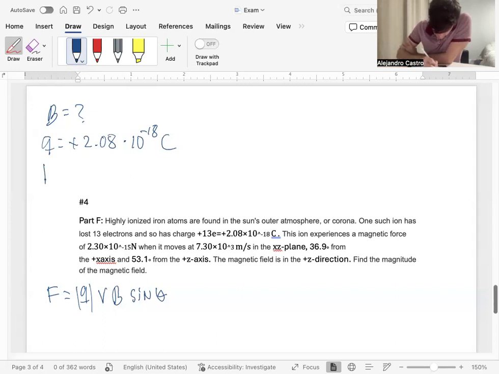Magnetic force is given to us. V is given to us.